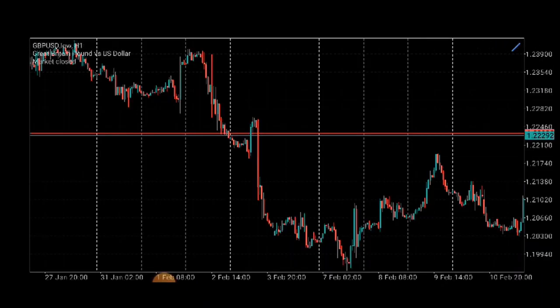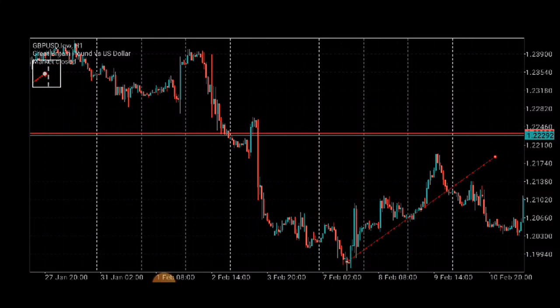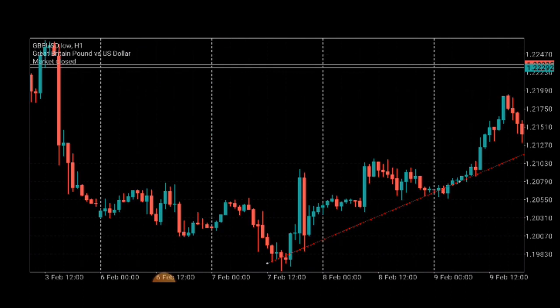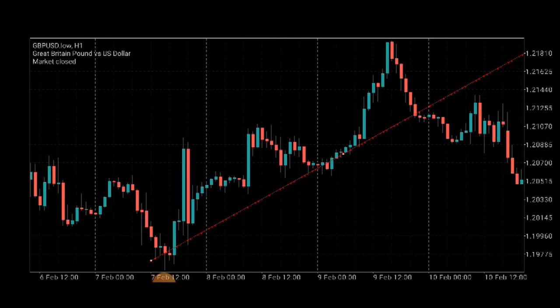So this is your first point, right? You mark your second point here. Now let me show you how you draw your trend lines, because support and resistance is not a line thing, it's a region thing. It's an area.